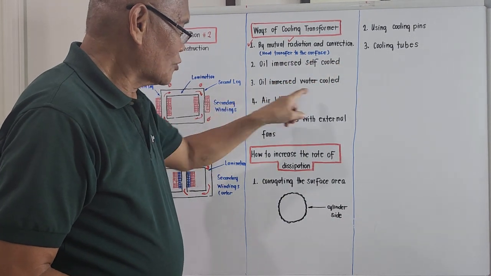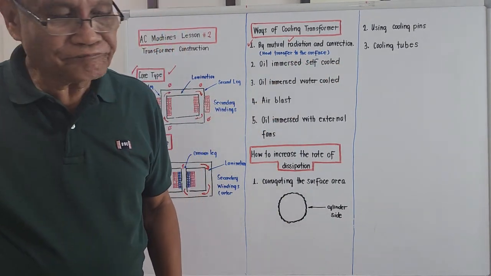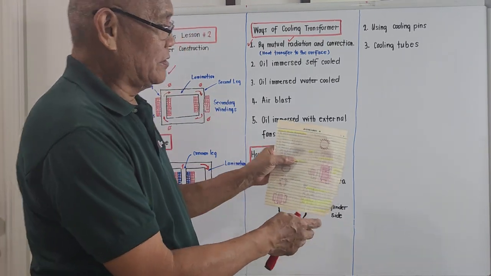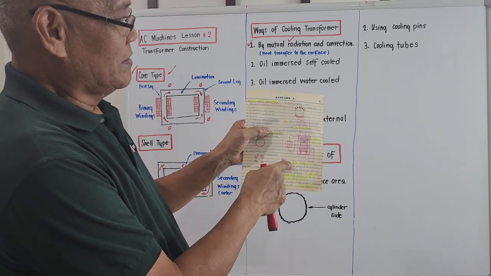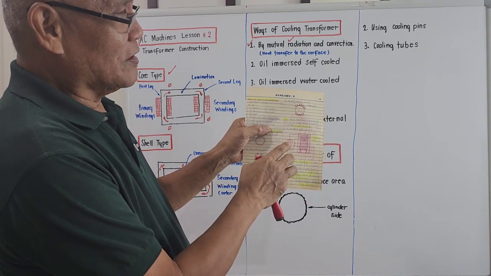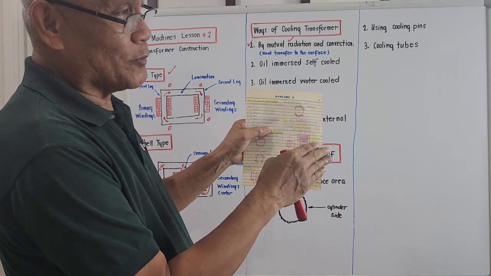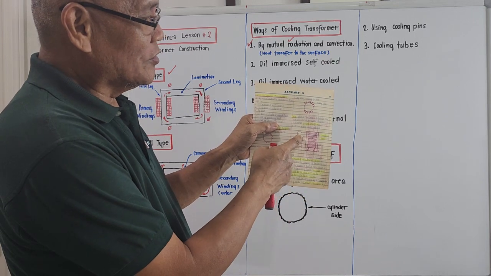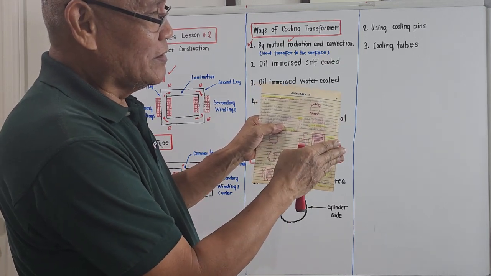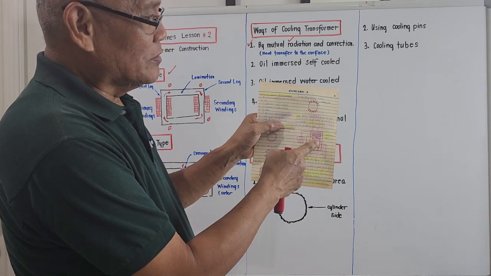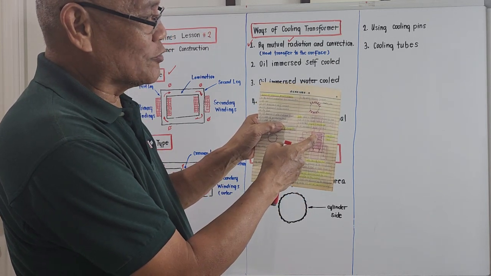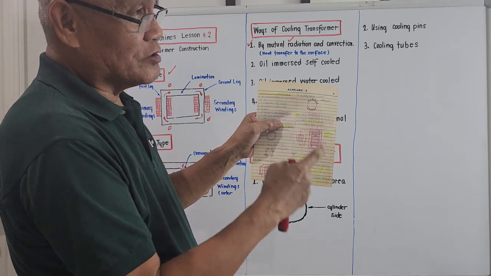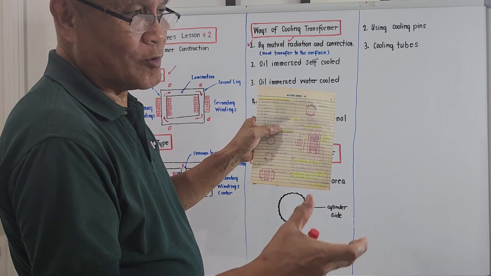Number 3 is oil immersed water cooled. It is this. It's just like a coil for a refrigerator or an aircon, in which this coil passes through the inside. The heat inside will be absorbed by the coil, and since there is running water about it, it is just like the water cooling of a car.